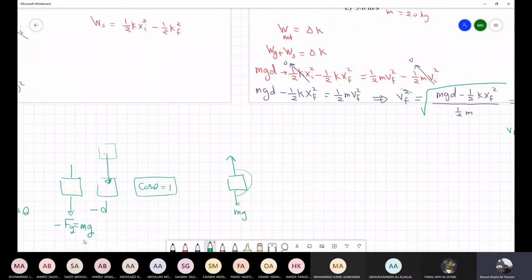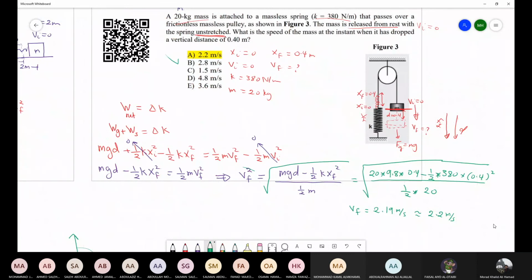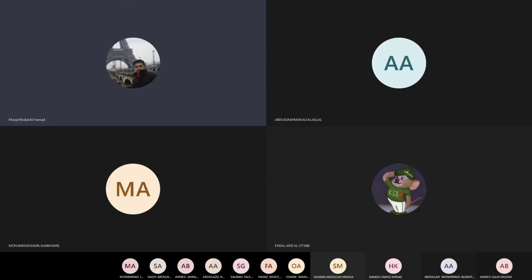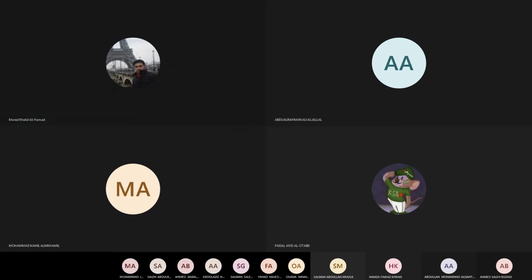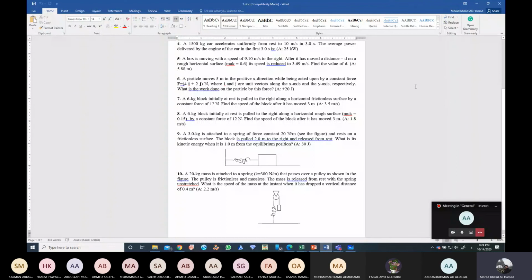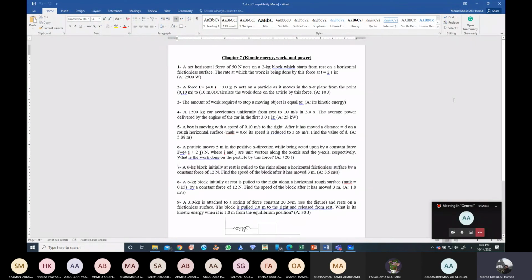Is there any other question here? Let me show some other questions and try to solve as much as we can. Okay, can you see the screen now? Yes, we can see. Okay. We will take about a quarter of an hour or a third of an hour to solve as much as we can. I will start with, for example, this question.